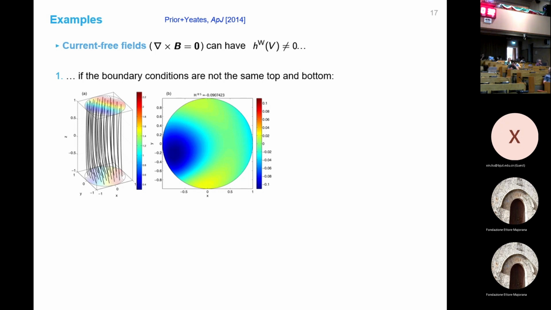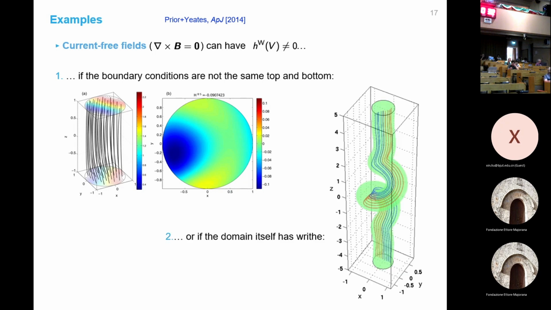This plot here is just showing you the density of helicity on a cross section of this field, and when you integrate it, you get a non-zero value. This thing has a negative twist. So it can pick up winding that's coming from the boundary conditions. You can also apply this, although this is no longer a slab domain as such, to more complicated shapes of domain.